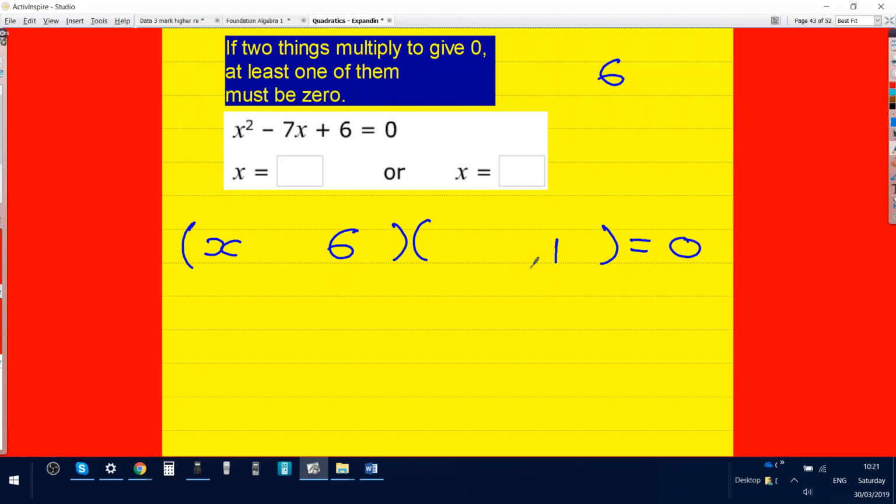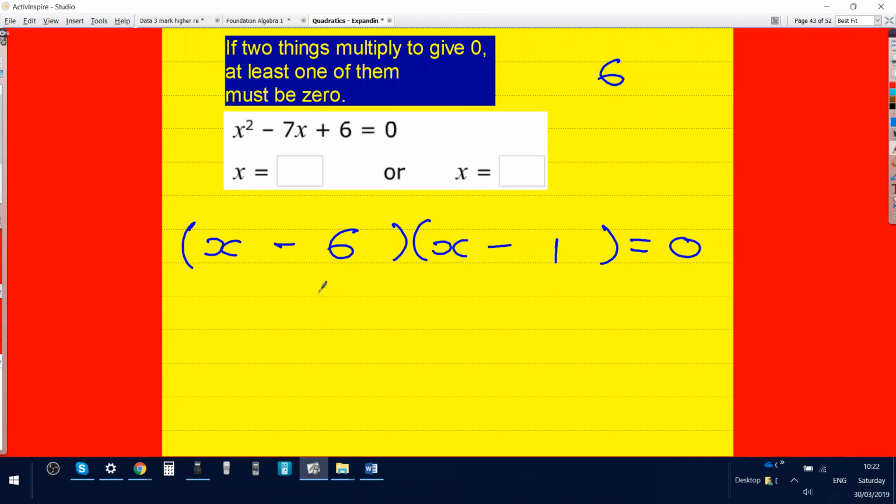So that would make minus 5. Would it be minus 6 and minus 1? Correct. Because we need 2 minuses. They add to make a minus and times to make a plus. Yeah. Okay, how do we now use that to solve for x?